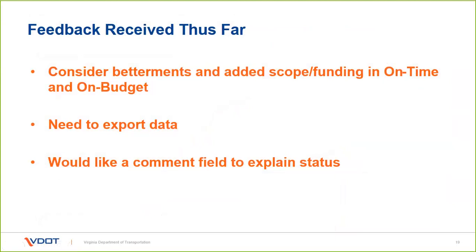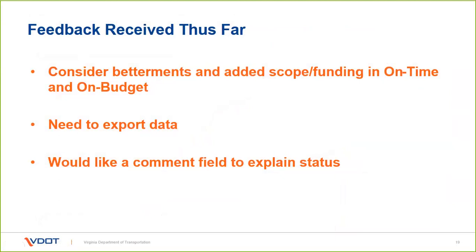So the feedback that we have received so far, and I have to admit it hasn't been a lot, we welcome that feedback. This is why we are spending so much time in this phase of the prototype, incorporating your feedback into the final product. Basically three things. One is related to the additional scope that the locality may be adding through their specific funding.